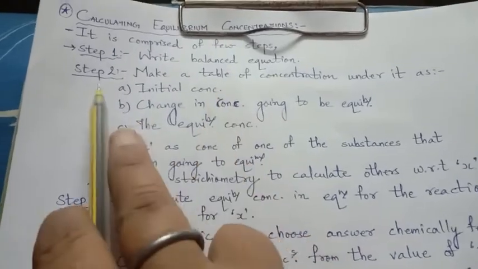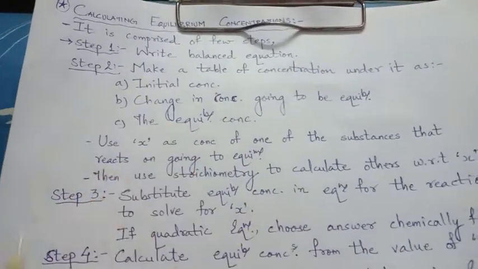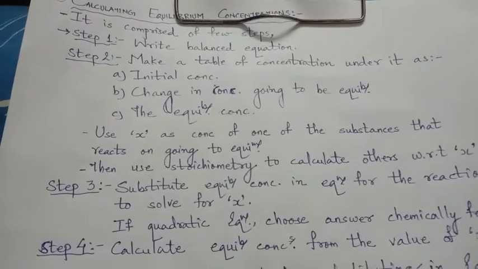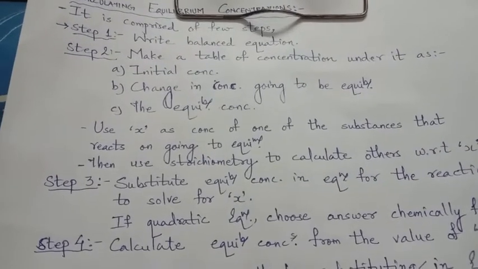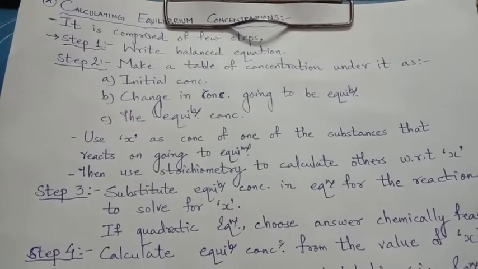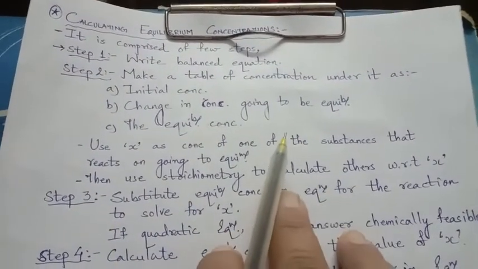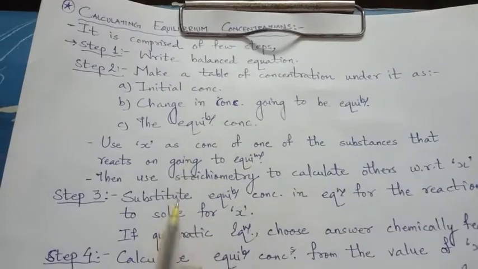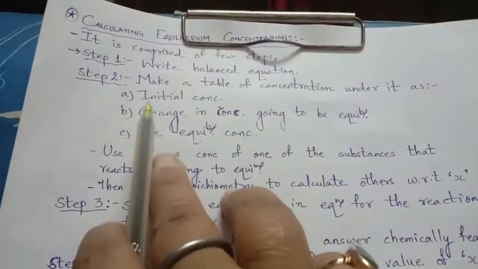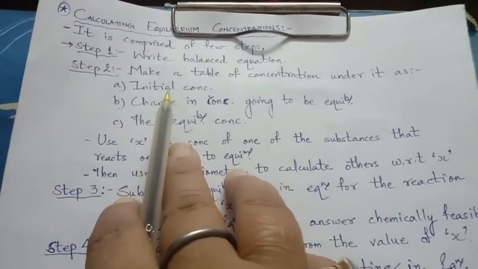That is the first step. Second step, make a table of concentration under the balanced equation. Now, while making the table, what do we need to write first? First we need to write down the initial concentration.